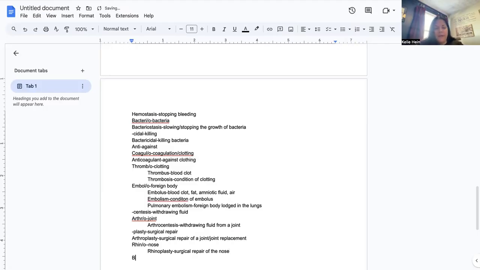Okay, blepharo is eyelid. So a blepharoplasty would be surgical repair of the eyelid. Okay.